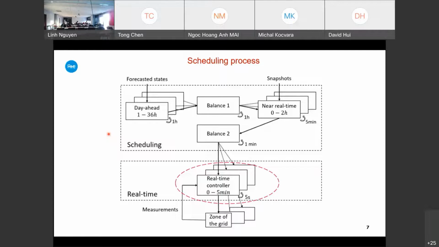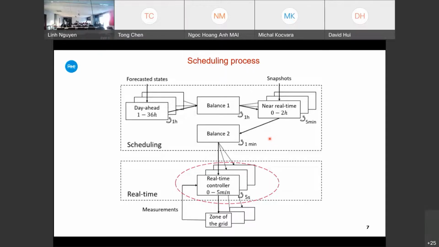The battery will be charged by the local controller. So it was discharged before the congestion by the scheduler, charged during the congestion by the real-time controller, and then after the event, the battery will be set back to its reference level by this scheduling process.